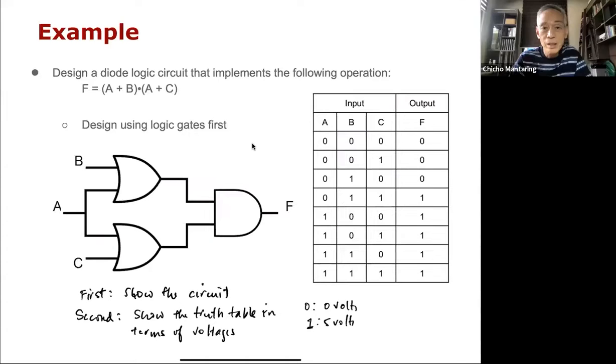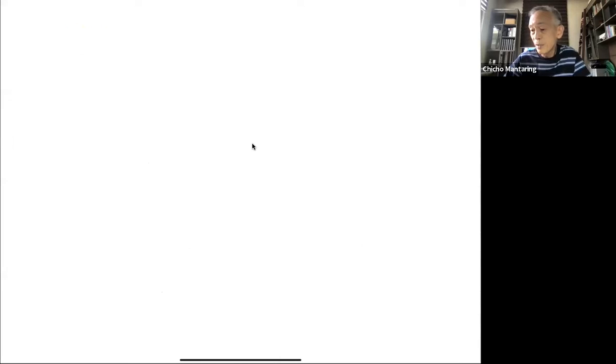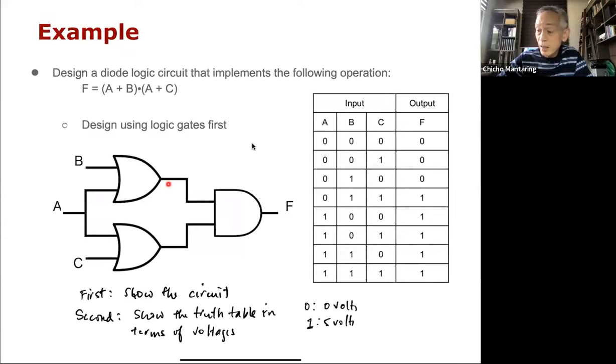Okay. Sige, no? So let me go through this problem, ano? Because this problem will illustrate certain considerations that you have to make. Okay, so first of all, let's try to design the circuit using diode logic. So I have here an OR gate.